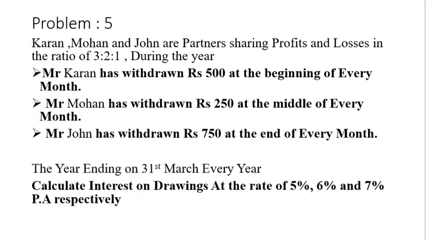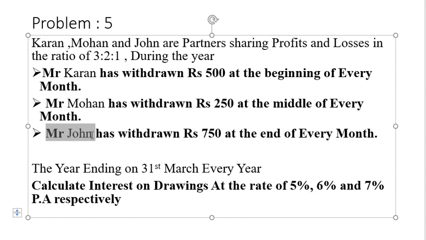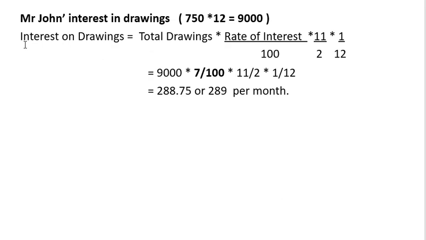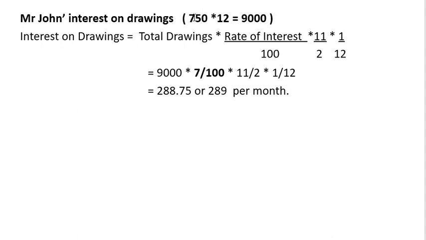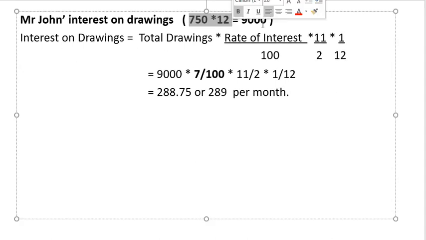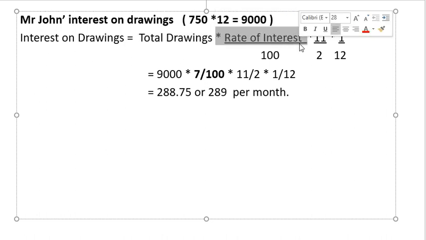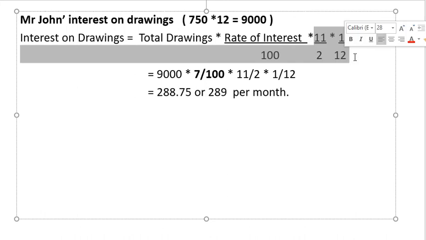Now we'll go for John. Mr. John has withdrawn rupees 750 at the end of every month. 750 rupees is withdrawing. So Mr. John interest on drawings, 750 into 12. So 9,000 rupees total drawings. Next, interest on drawings is equal to total drawings into rate of interest divided by 100 into 11 by 2 into 1 by 12.